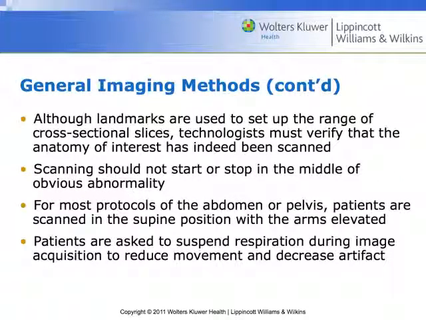So, although landmarks are used to set up a range of cross-sectional slices, technologists must verify that the anatomy of interest is indeed being scanned. I think in particular about the GE scanner, you have a little guide that you can flip around whether you got the patient positioned with their head towards the gantry or feet towards the gantry.